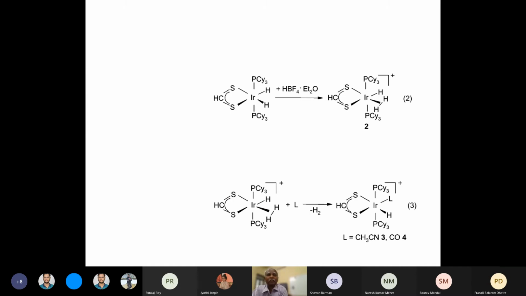They also looked at other dihydrogen complexes. Interestingly, you could protonate these hydride complexes with H+, and you would end up with hydride dihydrogen complexes.